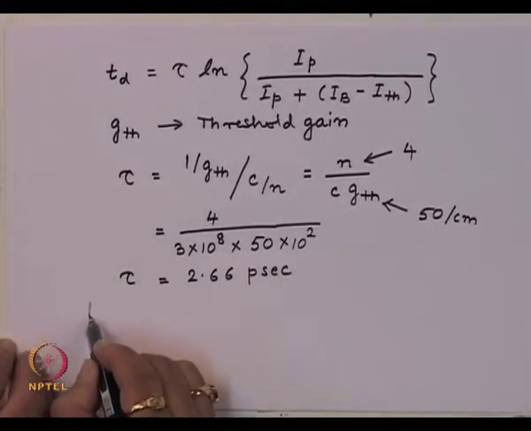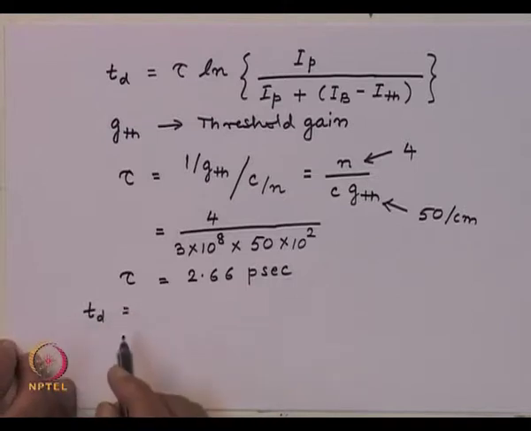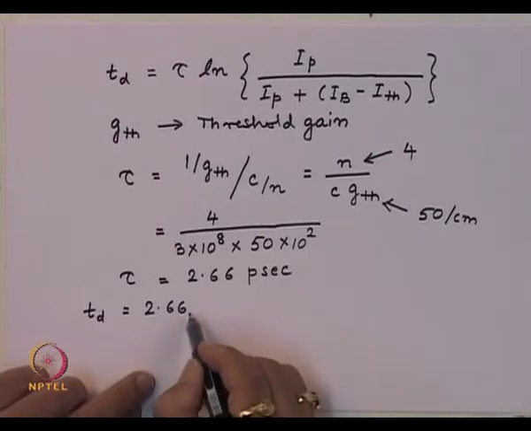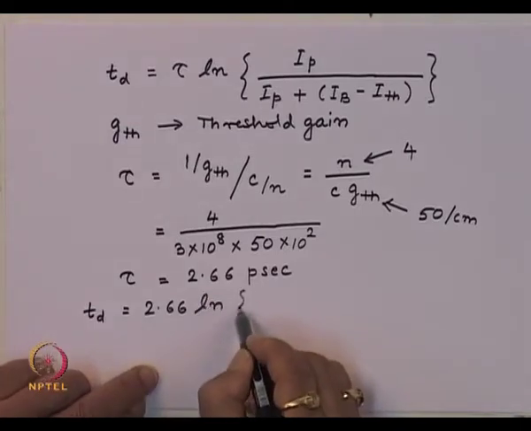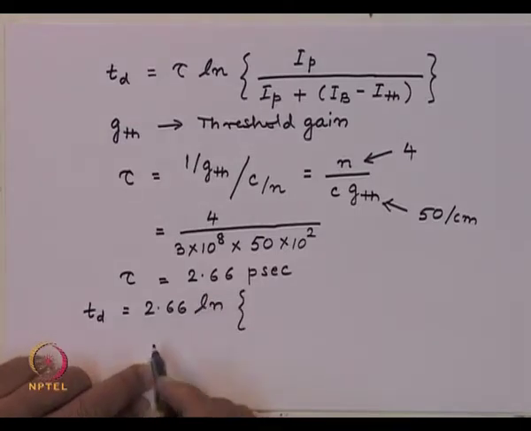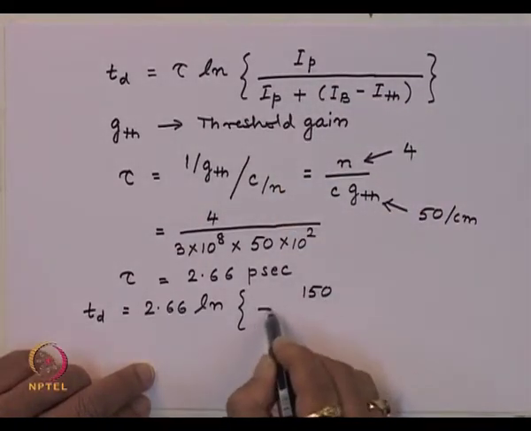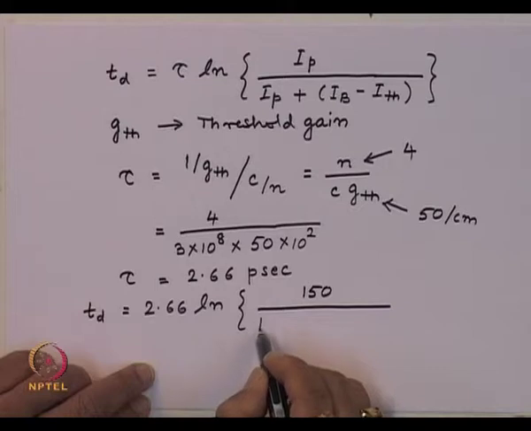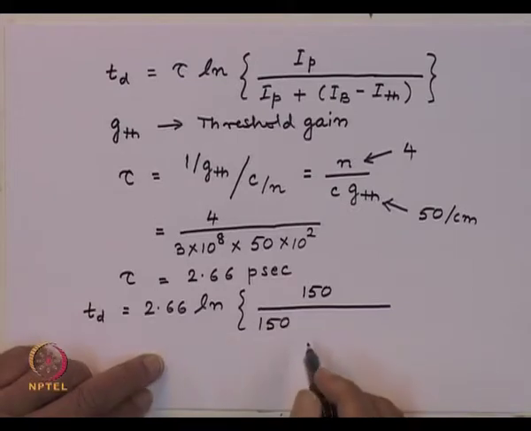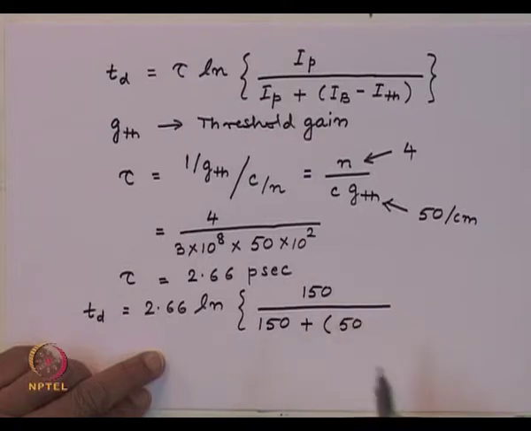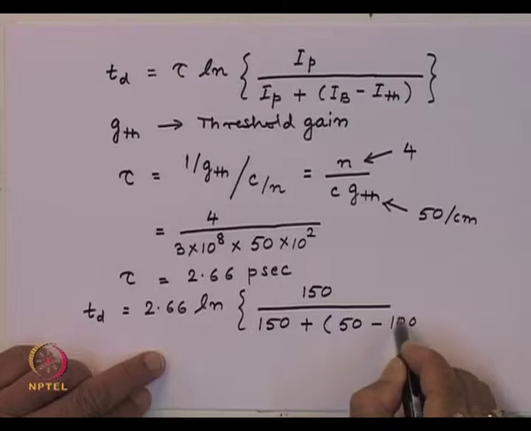So, T d, which is the delay, is given as 2.66 ln, I p is given as 150 milliamperes. So, this is 150 divided by 150 plus the bias current, which is given as 50 milliamperes, minus the threshold current of the laser, which is 100 milliamperes.